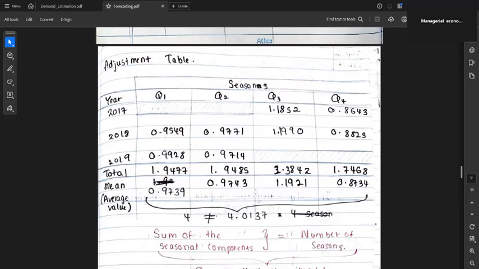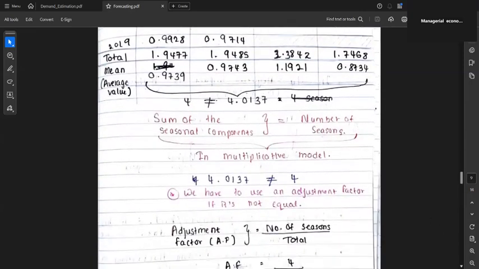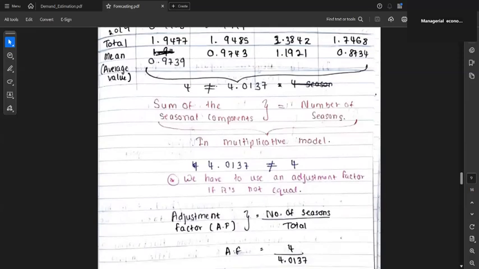So we have to use something called an adjustment factor. In the adjustment factor, we divide the number of seasons by the total we have obtained. The number of seasons we have is 4: Q1, Q2, Q3, Q4. So 4 seasons divided by the total obtained by adding all those seasonal components.